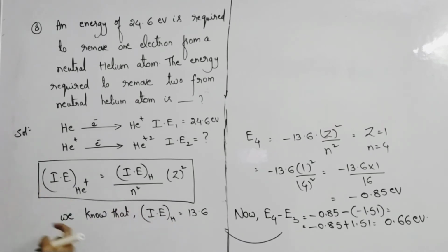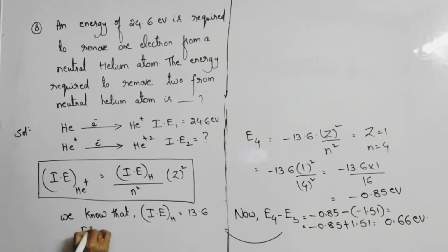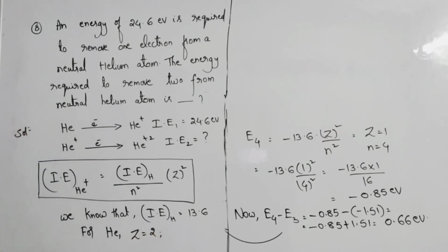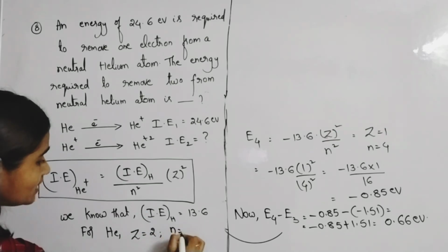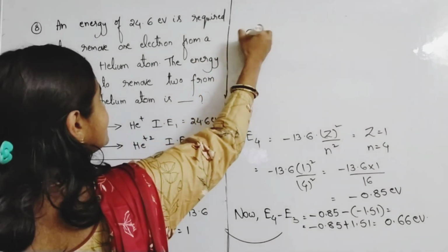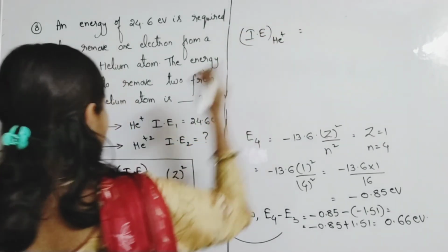So here Z value, for helium, is 2, and N value is 1, since from the first orbit you are removing. So if you substitute these values in this formula, IE of He plus ion is equal to how much?